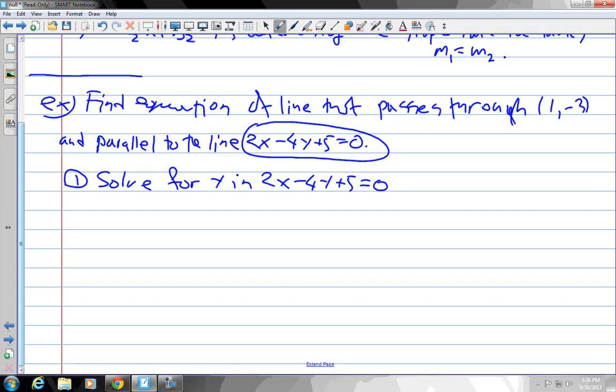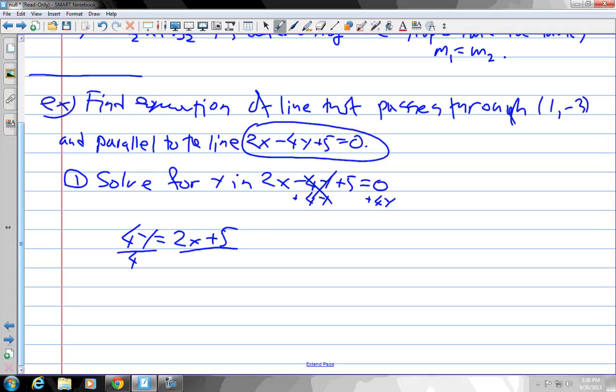So the easiest way to solve for y is just add 4y to the other side. So if I add 4y to the other side, I'll end up with this: 4y equals 2x plus 5. Right? Now we're going to divide by 4.